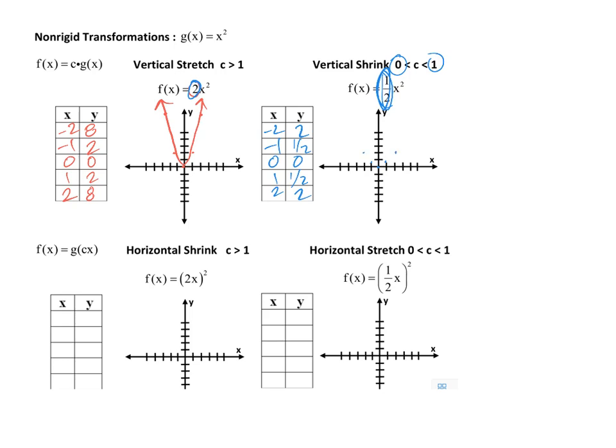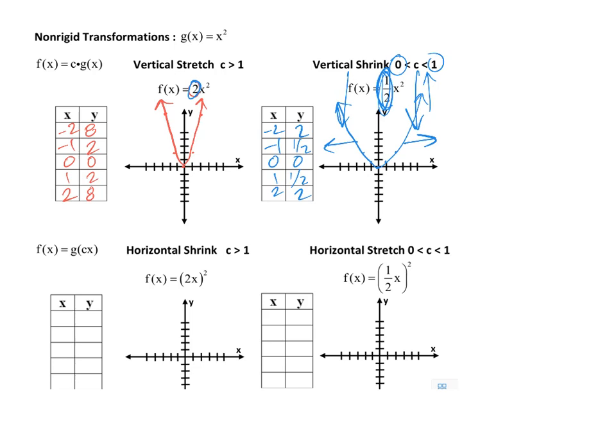There's my graph. This looks a little wider than the normal parent function. Instead of pulling it that way, it's as if you're pushing the graph down, and that has a widening effect on the graph. So when the number in front is between 0 and 1, that's known as a vertical shrink to the graph.